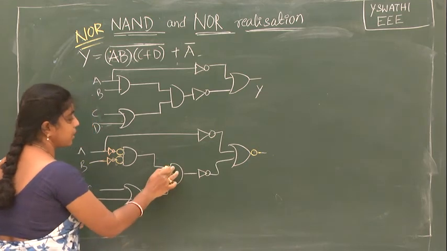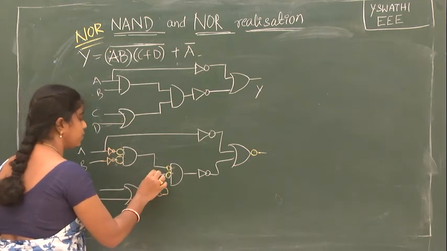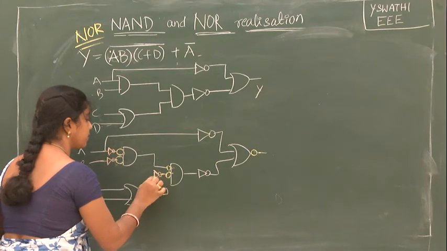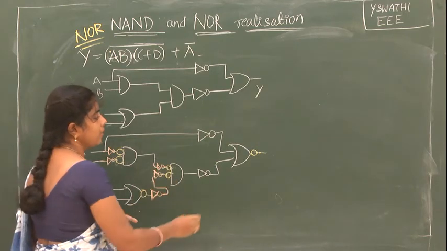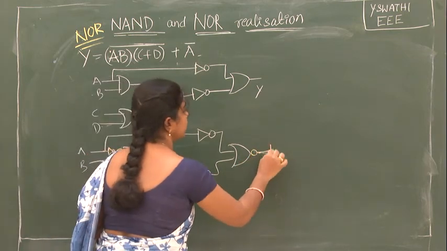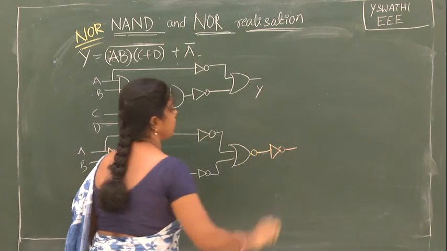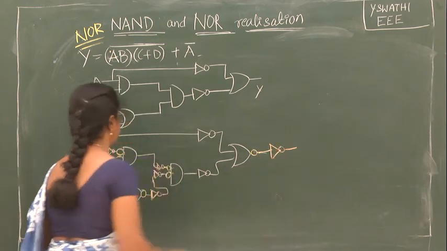Again, these two inputs are bubbled, so I have to introduce a NOT gate here and here. Now the output is bubbled, right? So I have to introduce a NOT gate here.